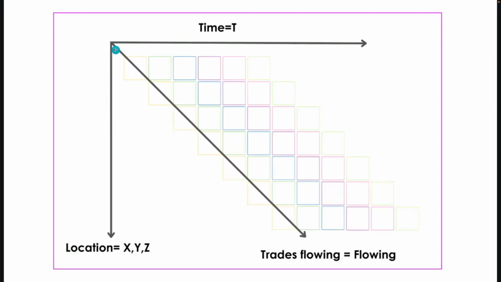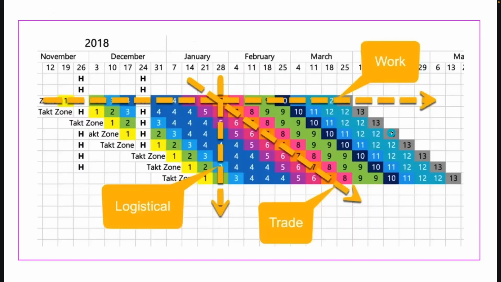But what you'll always see in these types of schedules is the flow unit shown in the diagonal, the intersection of time and space. So in construction, the flow unit is the train of trades. So when you see trades flowing, then that means the project is flowing. So it is a very beautiful schedule that shows trade flow, which is our flow unit in construction.